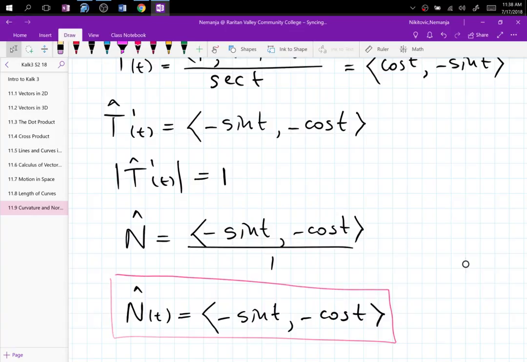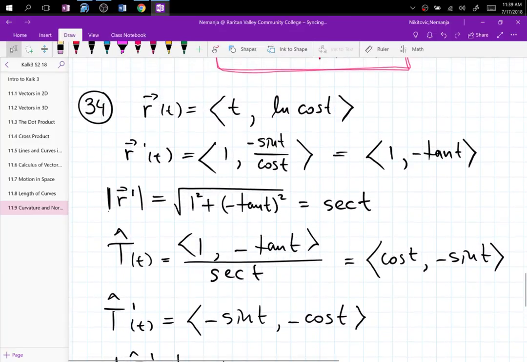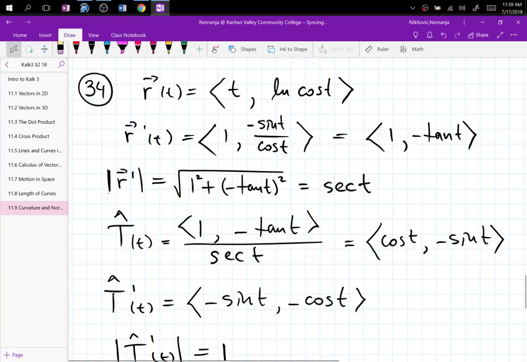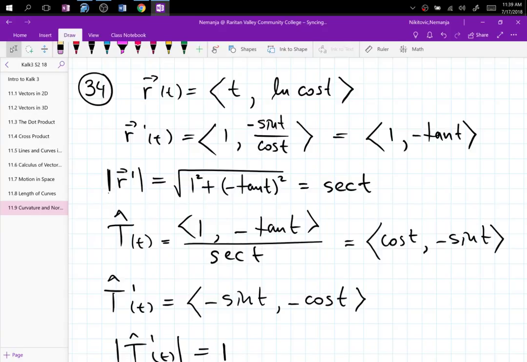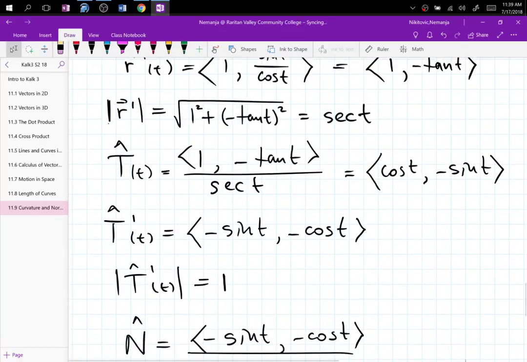Not a representative problem because it worked out somehow in 8 lines. Generally, this is 8 pages long, but we have vector r. Then we find r prime, and that simplified nicely into 1, negative tangent t. Then the magnitude of r prime worked out to be secant t. Then r prime divided by its magnitude is unit vector T, which worked out to be cosine t and negative sine t when you work out your trig.